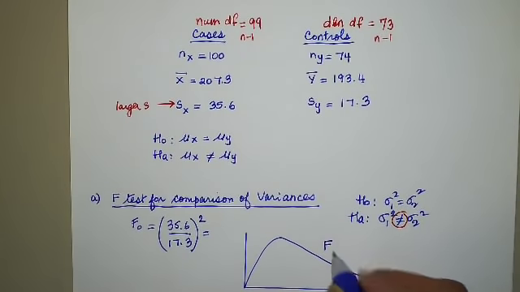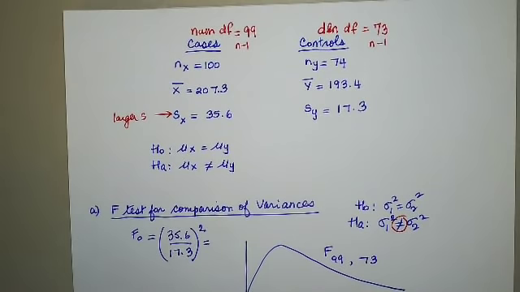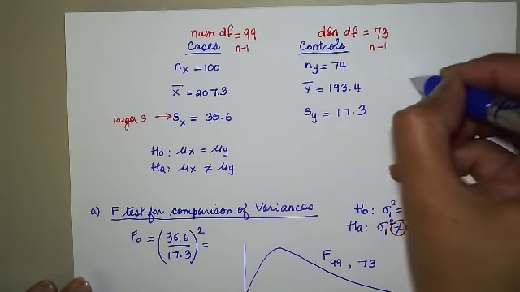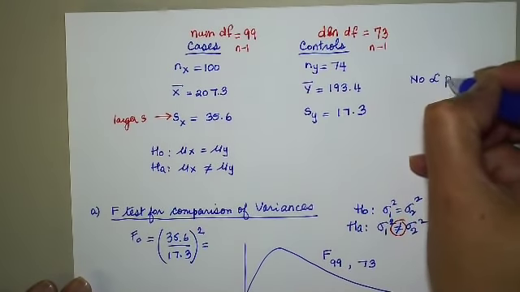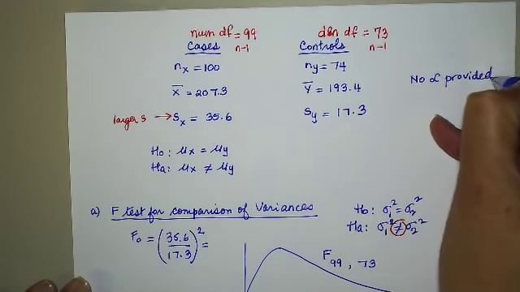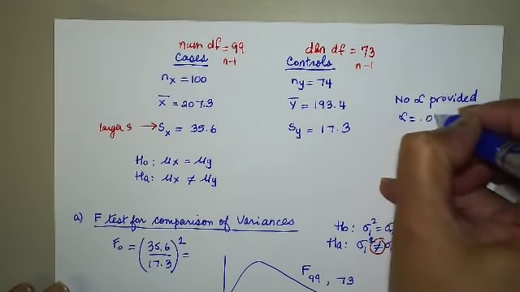So let's do the F test. I have this F with numerator 99 degrees of freedom, comma, denominator 73 degrees of freedom. And then I go to my F table, and they didn't give me any alpha. So no alpha is provided.